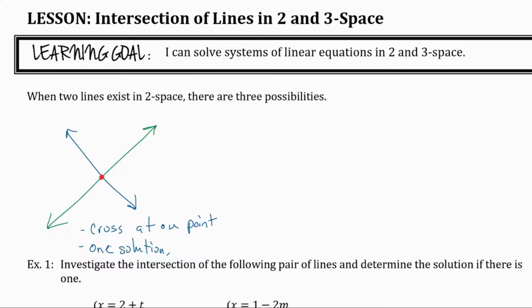So just this part, just that description, they cross at a point and there is one solution. Turns out that's a pretty big deal, being able to say that, okay? Being able to interpret two lines crossing at a point and describing that is a good step in the right direction, good first step, okay?